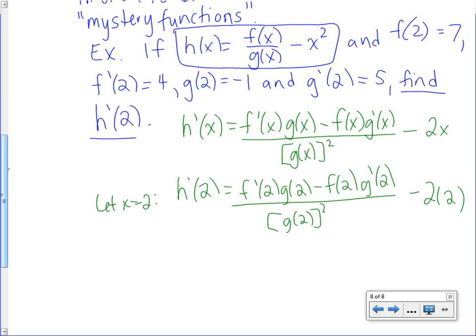So first thing I need is f prime at 2. That was 4, times g at 2, which is negative 1, minus f at 2, which is 7, times g prime at 2, which is 5, all over g at 2, negative 1 squared, minus 2 times 2, 4.